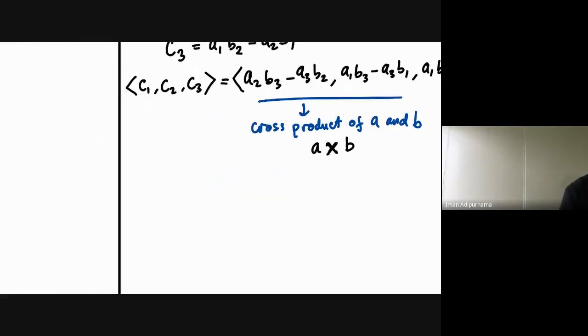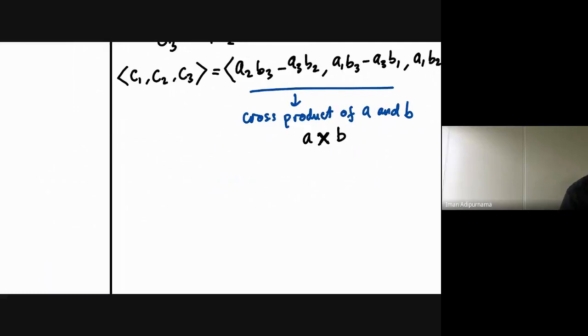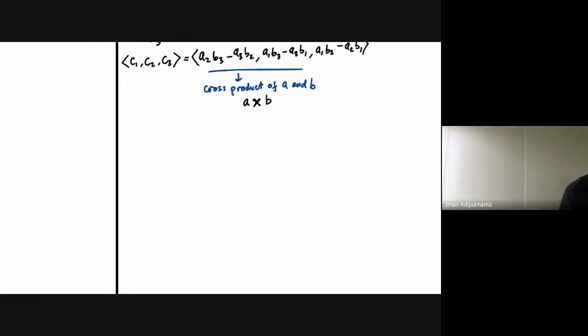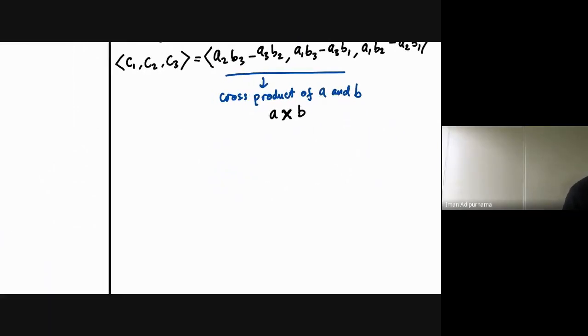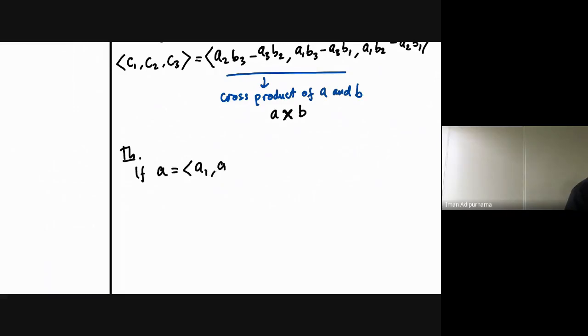Maybe let me write one more to make some conclusions, and then see what we can do next. So the definition or theorem: if A is A1, A2, A3, and so on. I'm just repeating what we have done, so you don't need to write this actually.